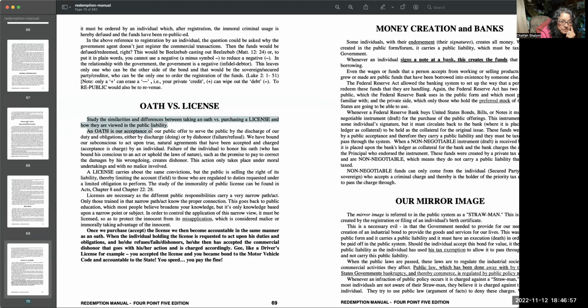An oath is our acceptance of our public offer to serve the public by the discharge of our duty and obligations, either by discharging, doing, or by dishonor, failure, refusal. Hey, Verizon, you've been failing and refusing my money orders.